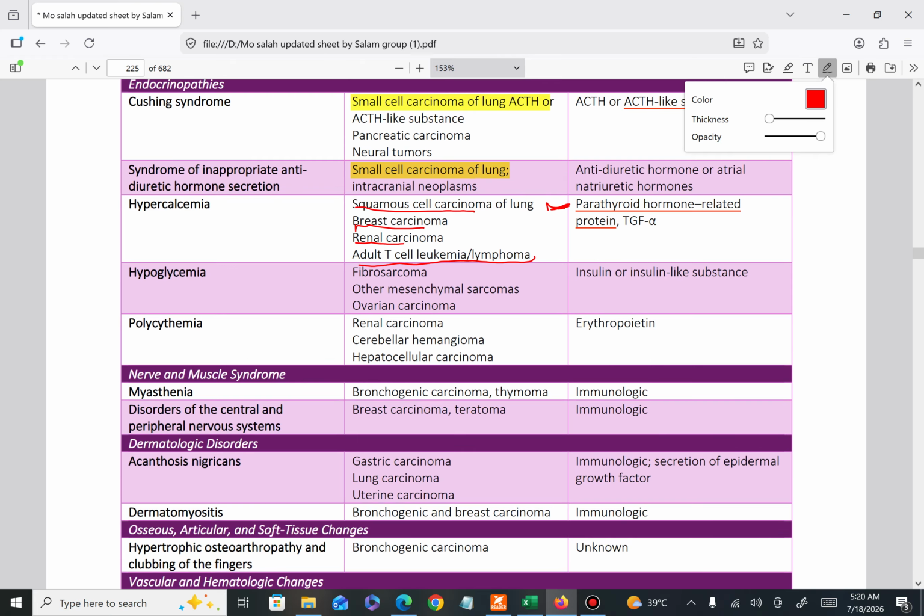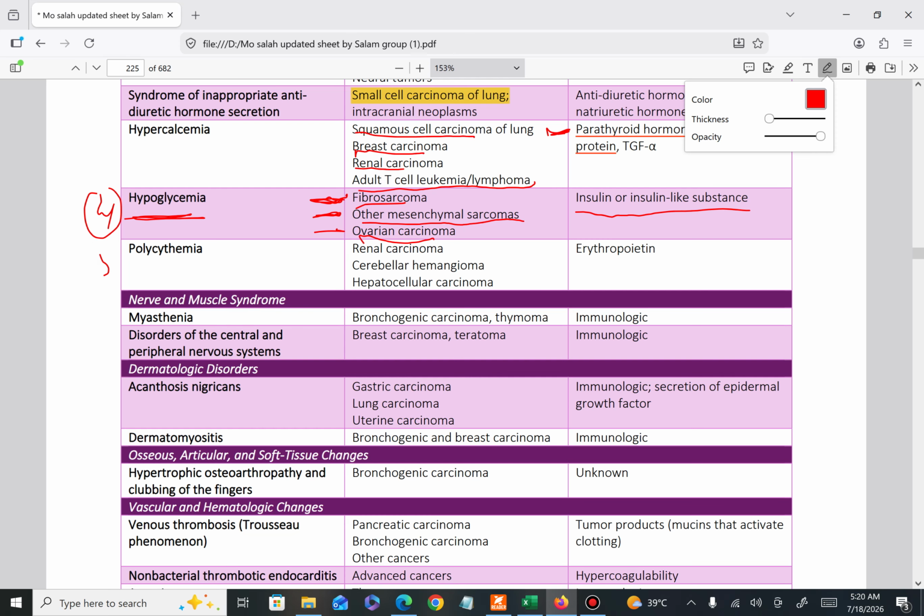Then the fourth one is hypoglycemia. The carcinomas associated with it are fibrosarcoma, other mesenchymal sarcomas, and ovarian carcinoma, and it releases insulin or insulin like substance. Then the fifth one is polycythemia. It occurs in renal carcinoma, cerebellar hemangioma, and hepatocellular carcinoma, and the agent produced is erythropoietin.